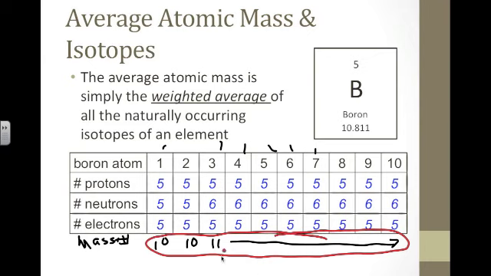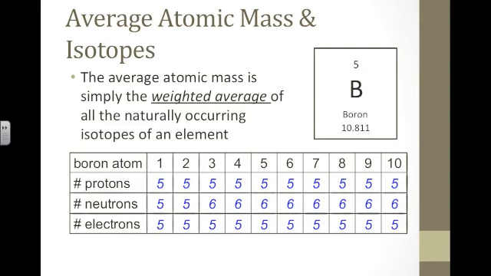And so what we came up with when we found that average was 10.8, which was actually very, very close to the average atomic mass from the periodic table. And so this kind of proved to us that the way that the average atomic mass is calculated is just by taking the average of all the isotopes of that atom. And we say that it is a weighted average because remember that there were only 2 total here that had a mass of 10.